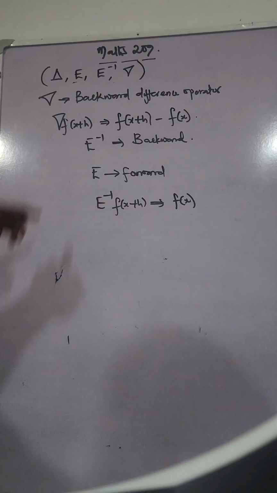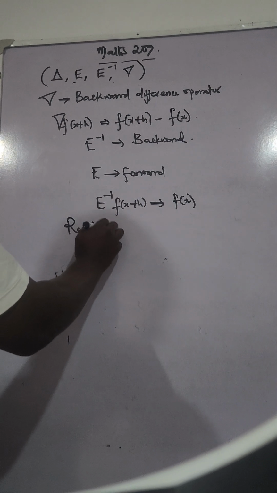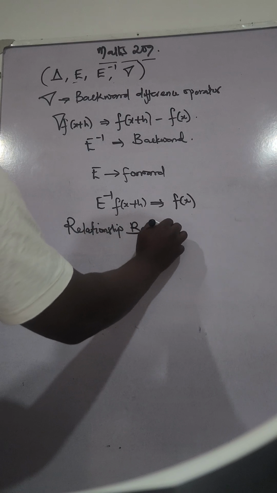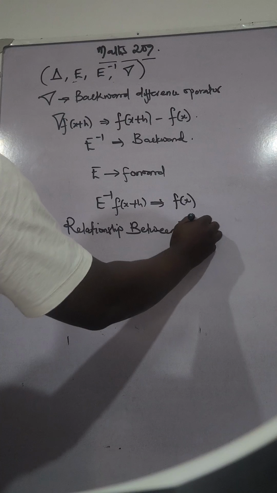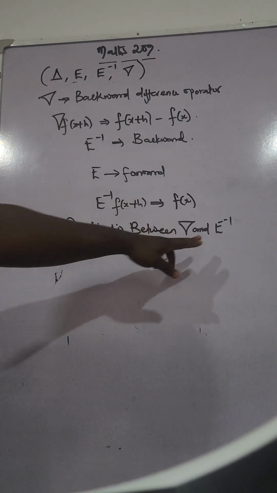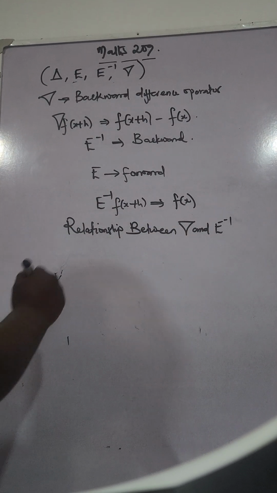And so from here, we now discovered that there is a relationship between the backward difference operator and the E inverse operator. Is that clear? What is the relationship?